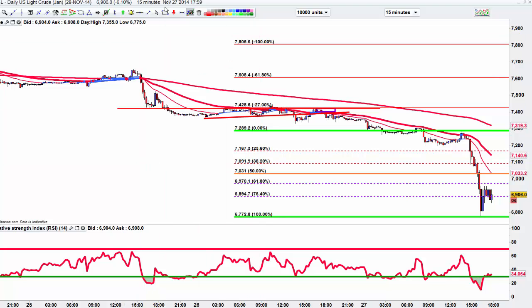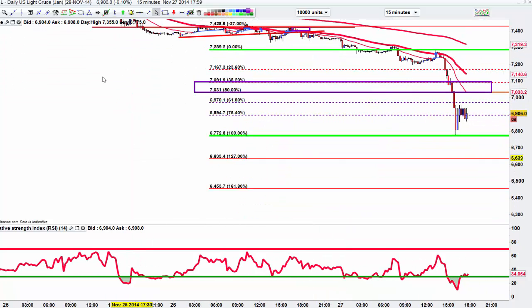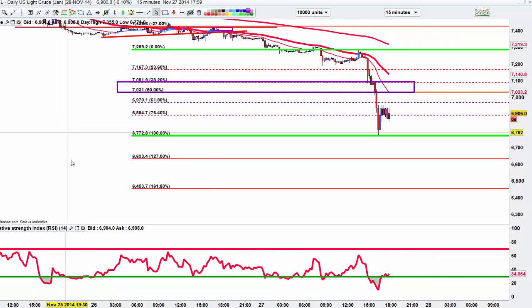70.30 or 71, somewhere in this zone here is the potential for that to push up into and drop back. We're heading for 60 potentially. Next stop's 65, but that's a way of handling it.